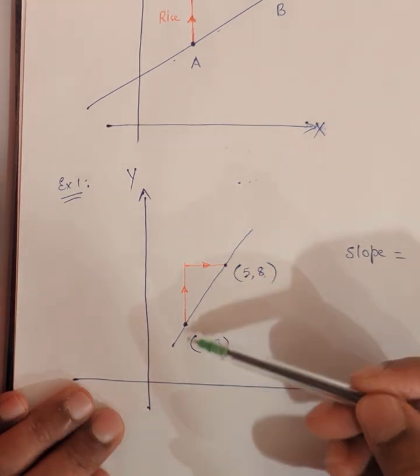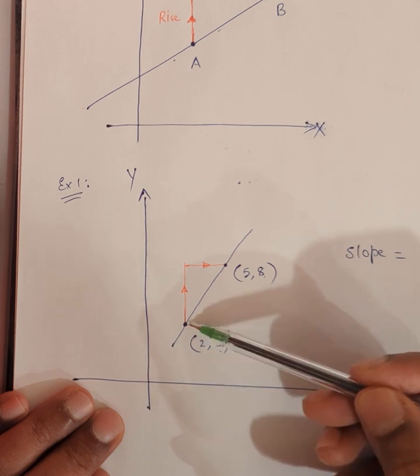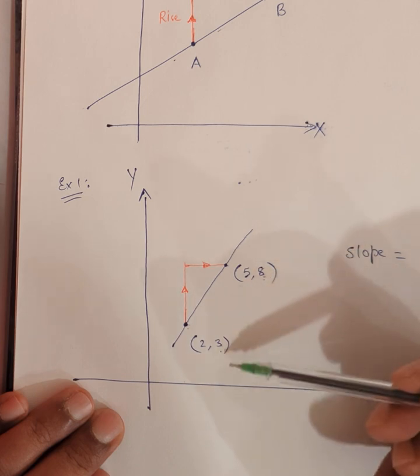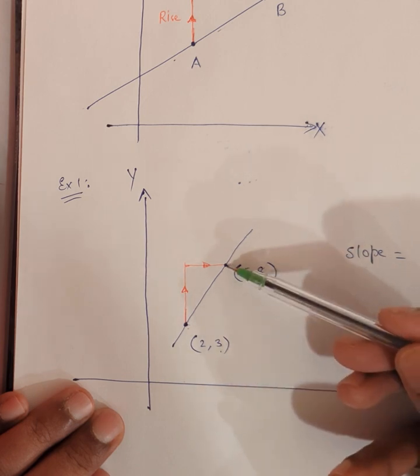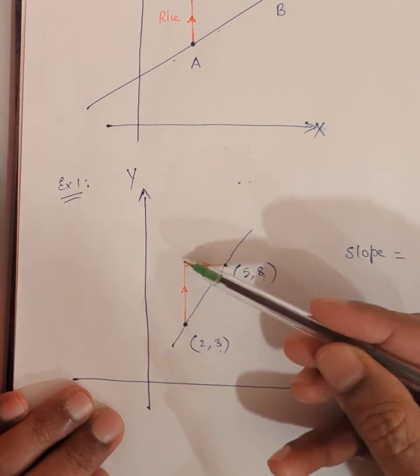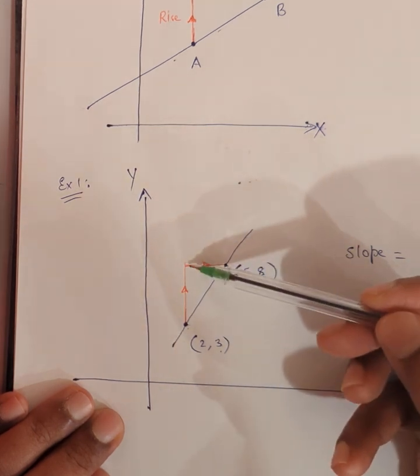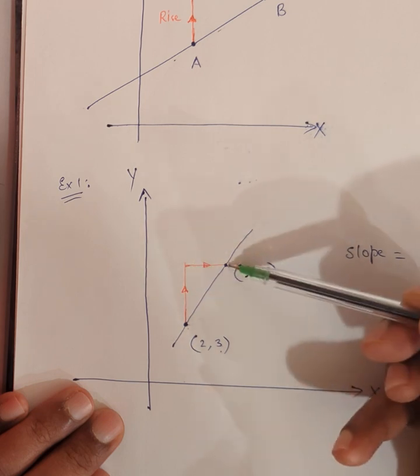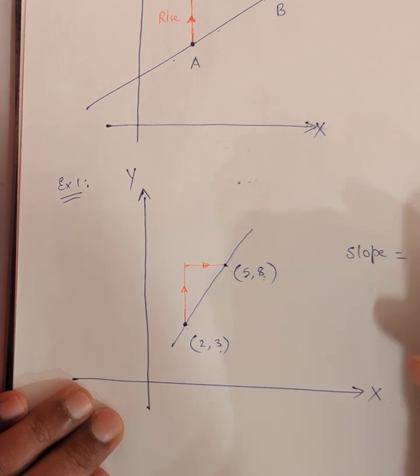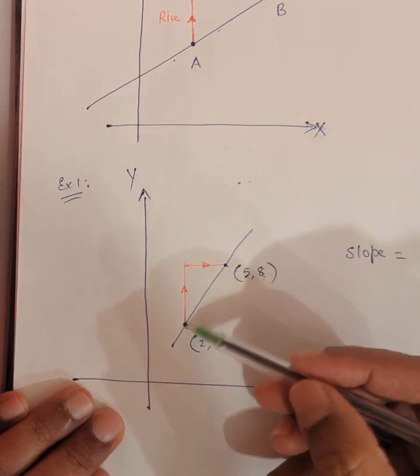So if the y coordinate here is 3, then this height is 3. And if the y coordinate of this point is 8, then this height is 8. So if I want to know how much this rise is, then I can look at the total height or the height of this and subtract the height of that. So this time I'm going from 3 to 8.